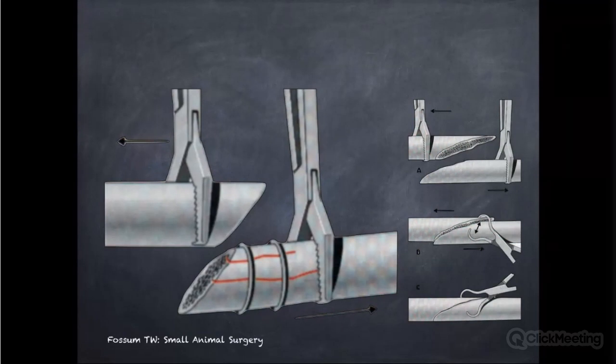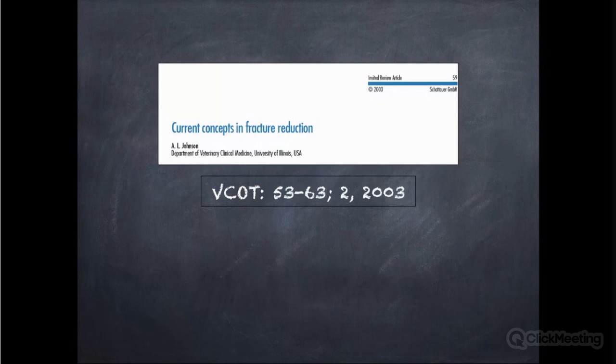So we had to wait until this paper, 2003. It's a kind of old paper, but I still think that it was a kind of cornerstone paper, because it was the first paper I'm aware of that dealt with the current concepts in fracture reduction.